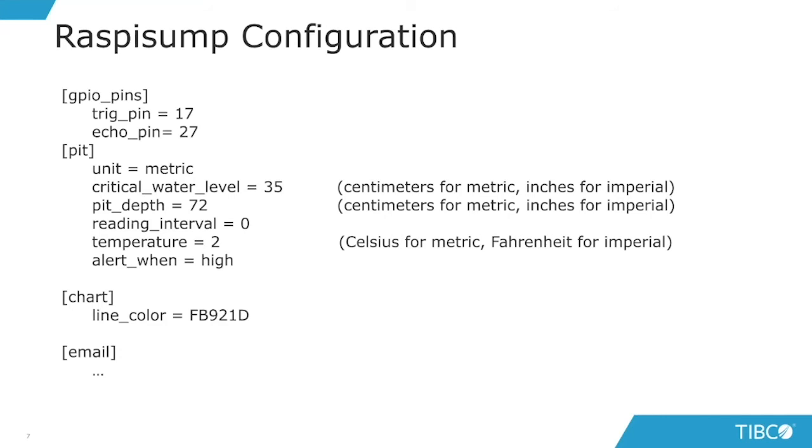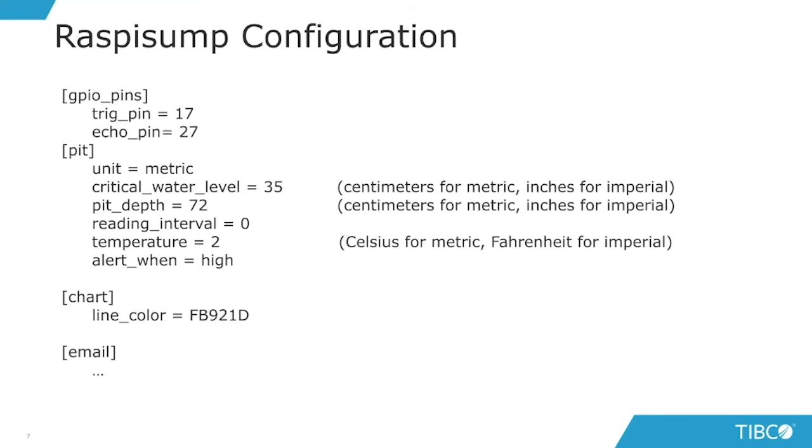And there's a number of things that you can set with regards to the pit depth and the metric. So you can set the units to either metric or imperial. You can set the critical water levels. You can set the pit depth. You can set a reading level if you're going to be reading this on a higher frequency than a minute.